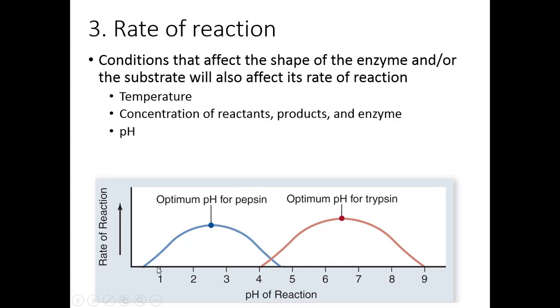Well, pepsin is found in the stomach, and the pH of stomach acid is about 2. So it's going to work best when it's in the stomach. Trypsin is found in the duodenum, or the small intestine, and so the pH there is much higher, closer to 7, and trypsin works best at that pH, so that's where you will find it.